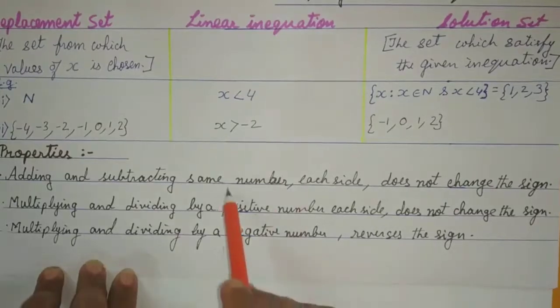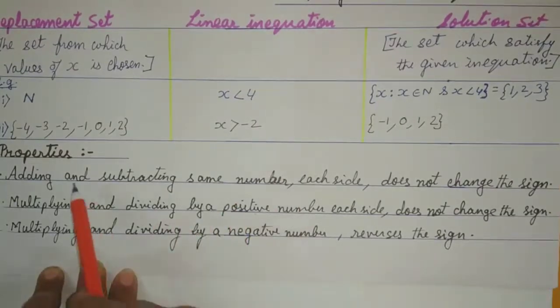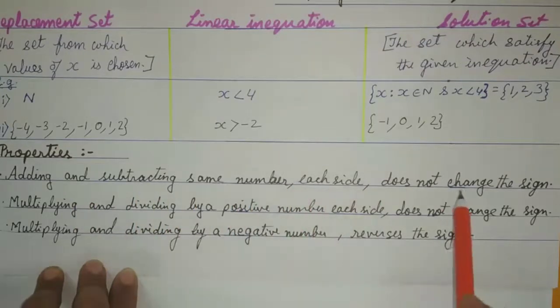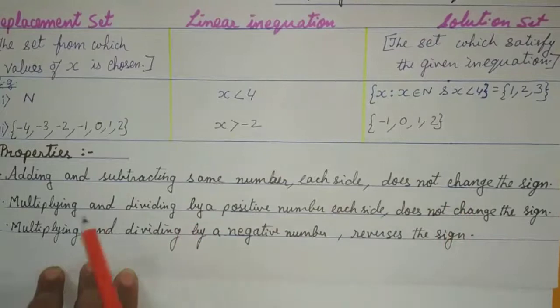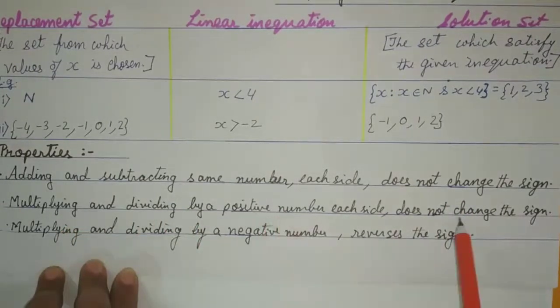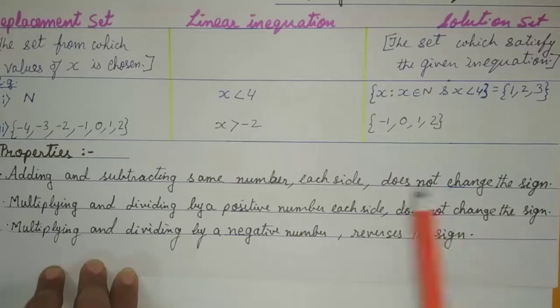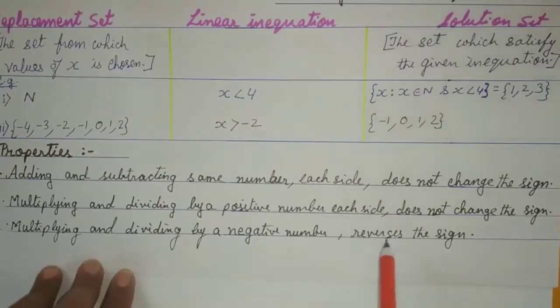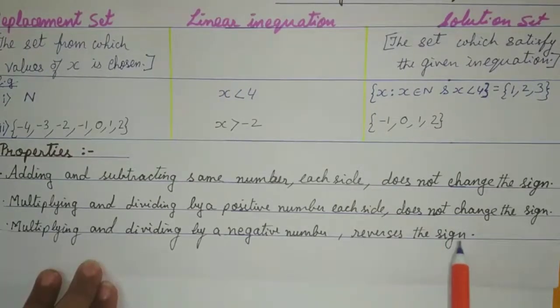The first two are the same. When we add or subtract the same number on either side, we do not change the sign. If we multiply or divide by the same positive number, we do not change the sign. But if we multiply or divide by a negative number, we reverse the sign. That means the less than sign will become greater than, and the greater than sign will become less than.